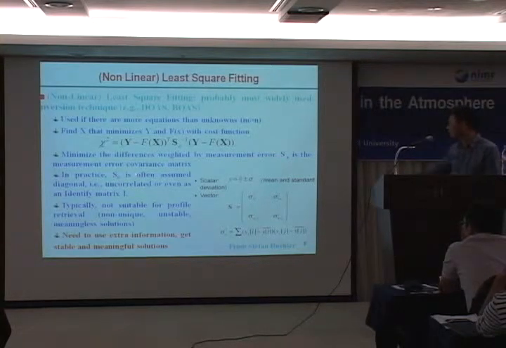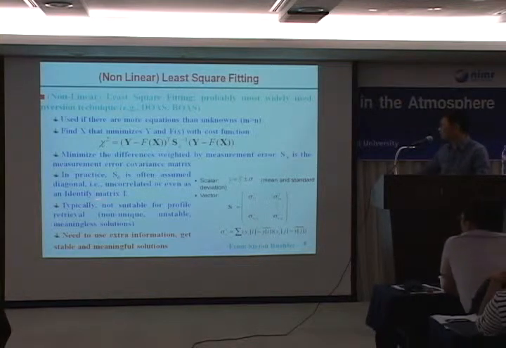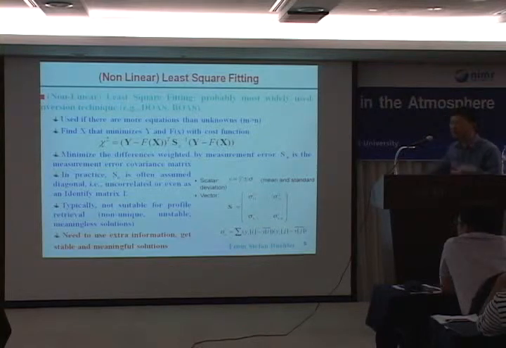In practice, this measurement covariance matrix is often assumed to be just diagonal, because often we don't have good knowledge about the correlation between measurements at different wavelengths. For this nonlinear least squares fitting, we often just assume it's an identity matrix, just treat every wavelength equally, which is a very good assumption for a lot of cases.